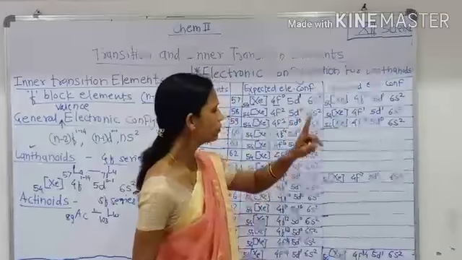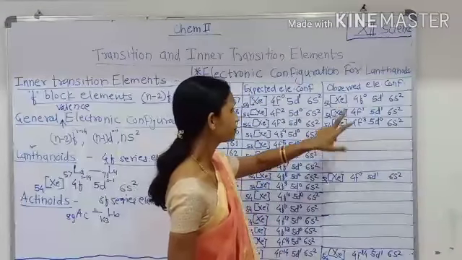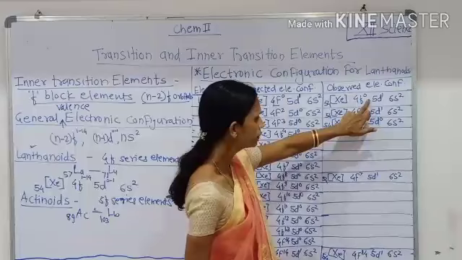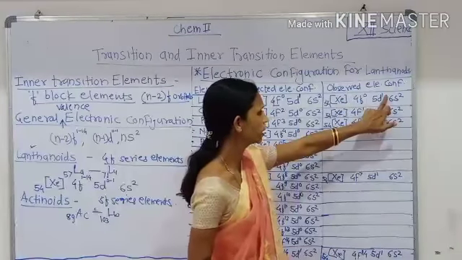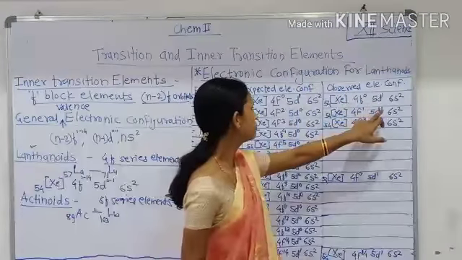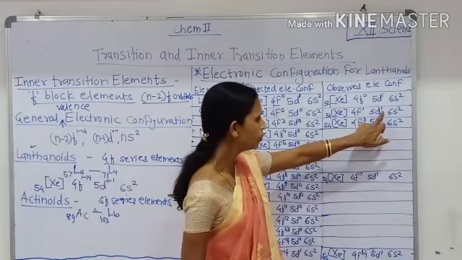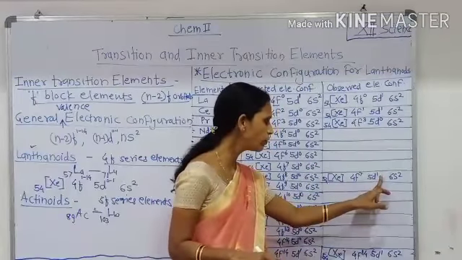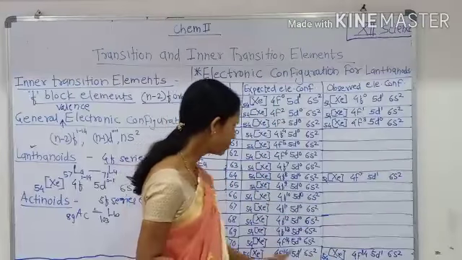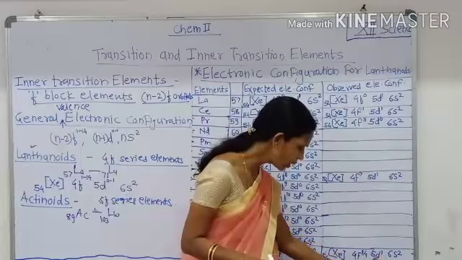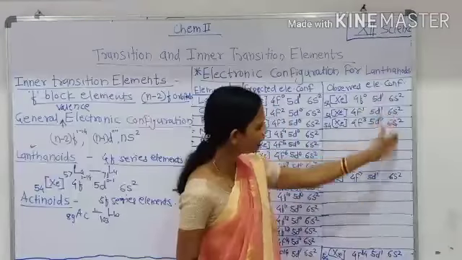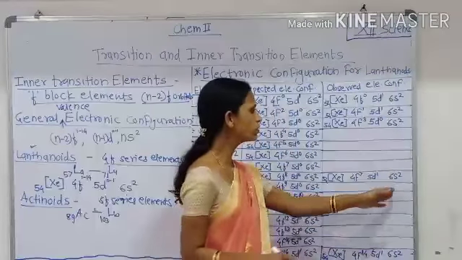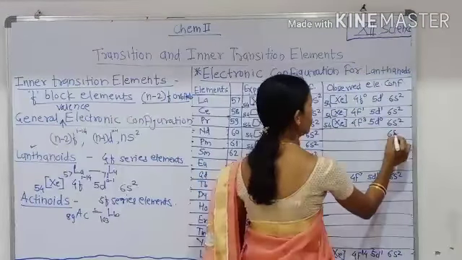Then see here one more thing, that is in lanthanum the 5d orbital possesses 1 electron, cerium possesses 1 electron in 5d, gadolinium possesses 1 electron in the 5d orbital, and lutetium possesses 1 electron in the 5d orbital, and all these elements possess 2 electrons in the 6s orbital.